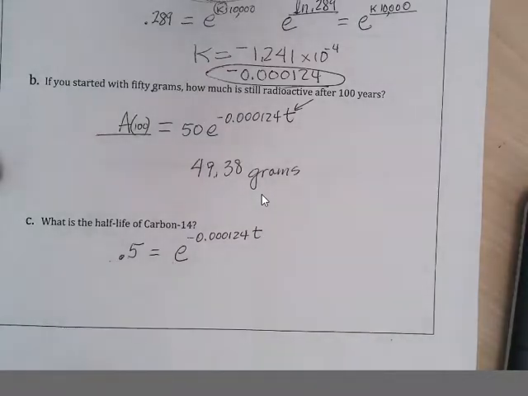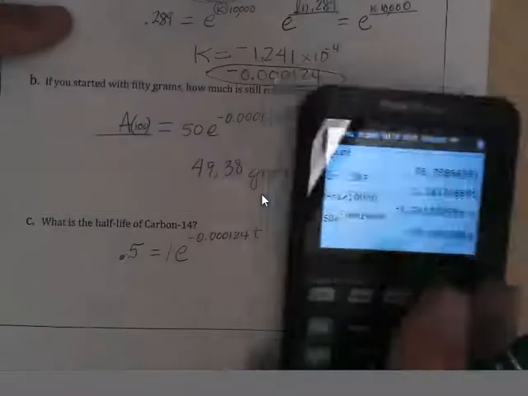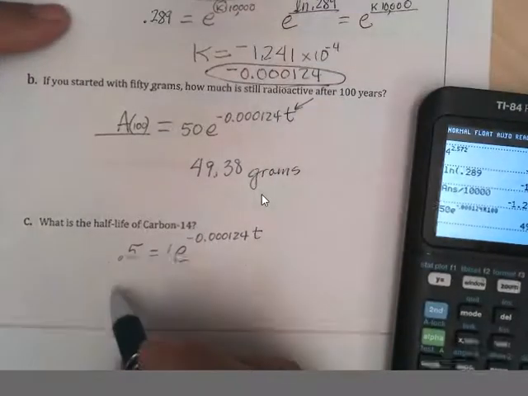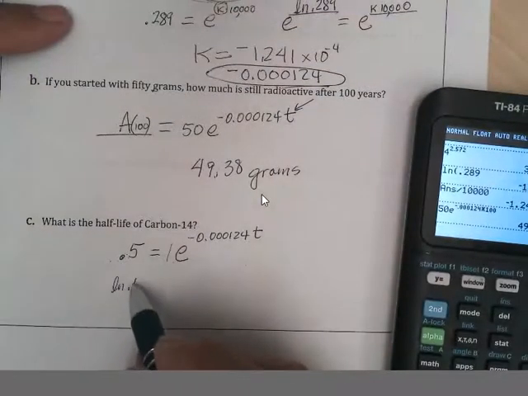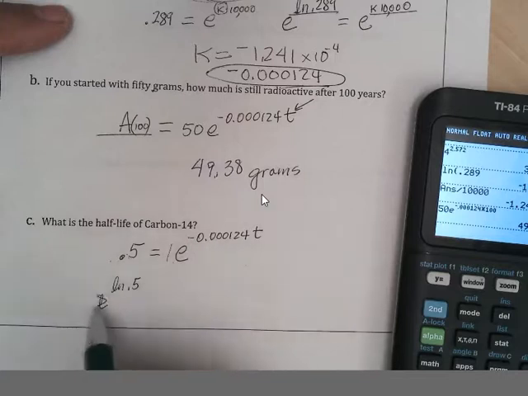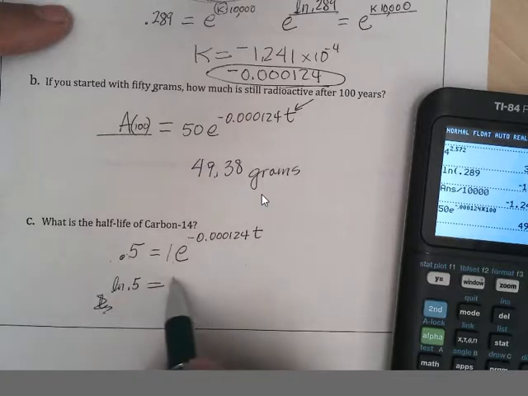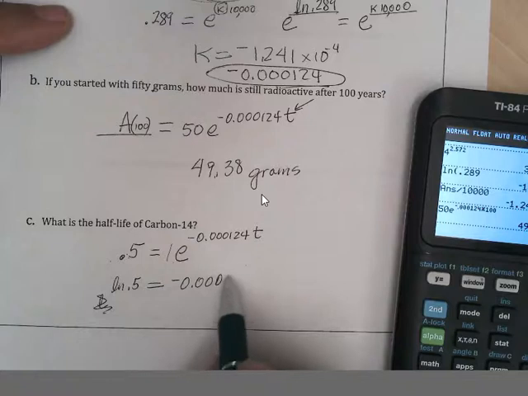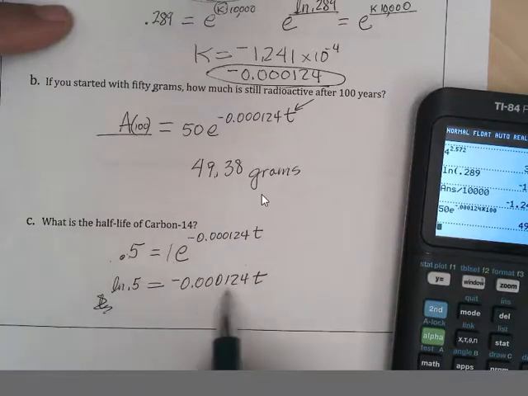Half of what we started with. If we start with 1, now it's a half. So now we could again write this as ln 0.5, e to the ln 0.5, e to this, so the ln 0.5 has to equal negative 0.000124 t, and we just take ln 0.5 divided by that.